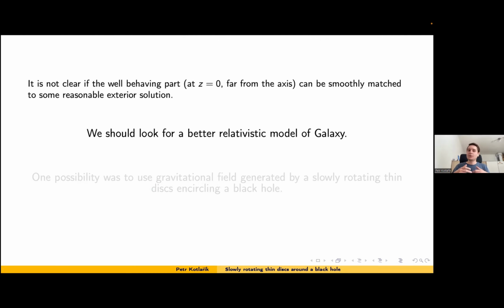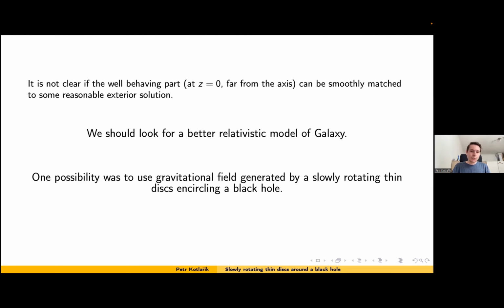So I think we should really look for a better relativistic model of a galaxy than Balazs and Grumiller. And one possibility was to use a gravitational field generated by a slowly rotating disk around the center of a black hole.